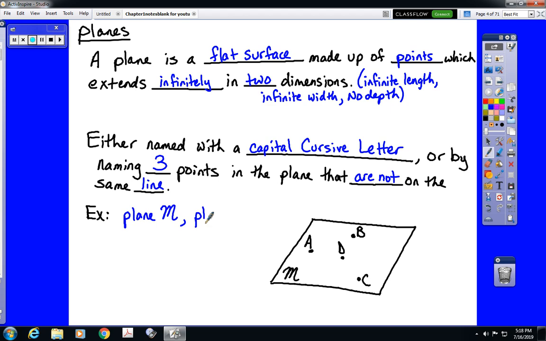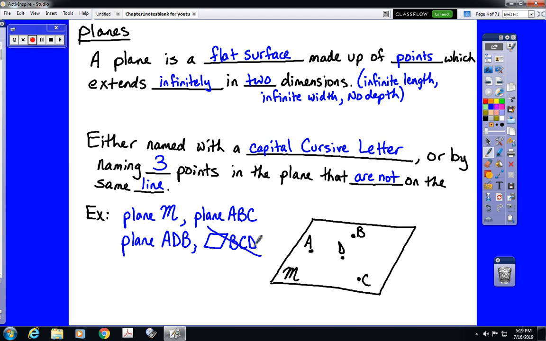We could also use the word plane and then 3 of these 4 points because they are not on the same line, such as A, B, C. We could also say plane, and we could use 3 different ones. They don't have to be in alphabetical order. They just can't be on the same line. And on occasion you will even see, and I don't like this notation because it's used again later in the book for parallelograms, but sometimes they'll draw a little miniature plane like that, and then they'll write down 3 of the letters again.